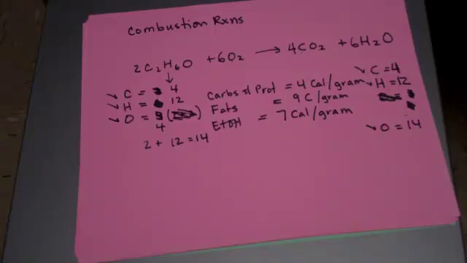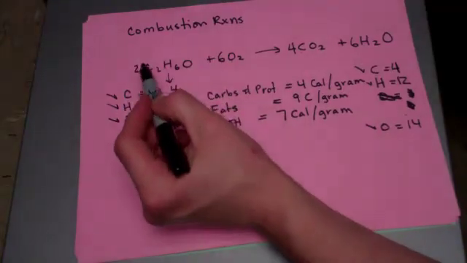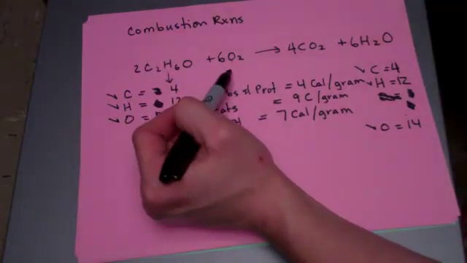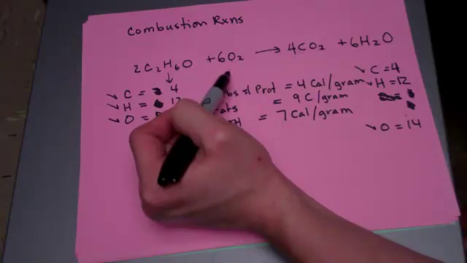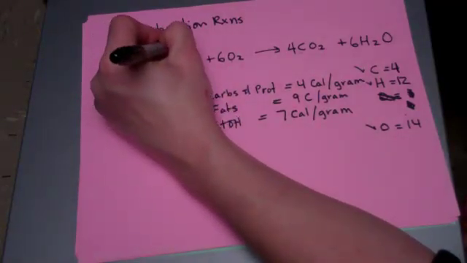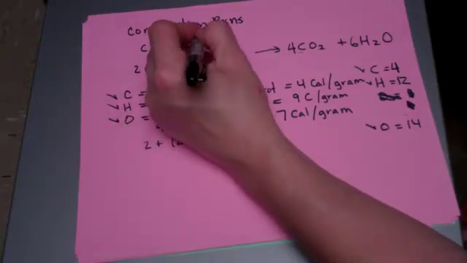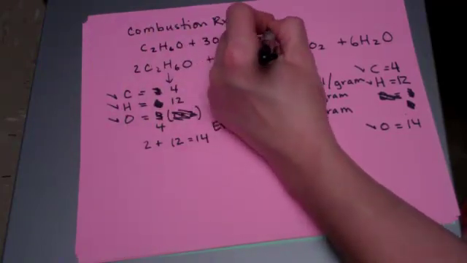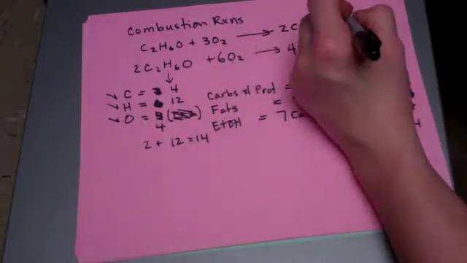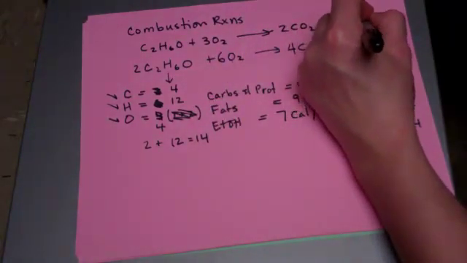But this is not the lowest form, is it? So I lied and said we had to double this, and we really didn't. If we divide everything by 2, we should get the lowest common denominator. So we've got C2H6O plus 3 O2s. If we divide this one by 2, 2 CO2s plus 3 waters.